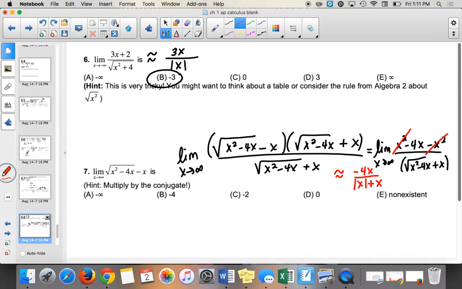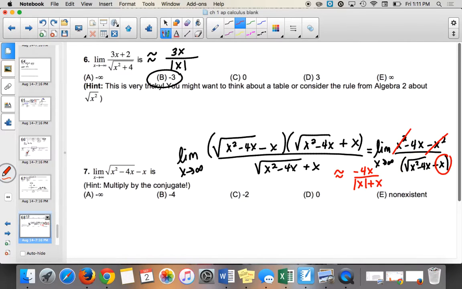Why does this one have a plus x? Because there's an x outside. There's also an x to the first on the outside of that square root as well. So it's kind of tricky. So as you plug in a big positive number, the square root of x squared works out to be like an x to the first term, right? That's the largest degree, but you also had an x to the first on the end.